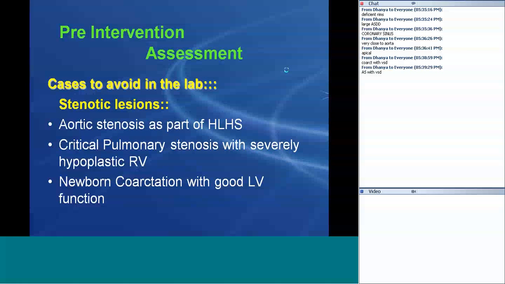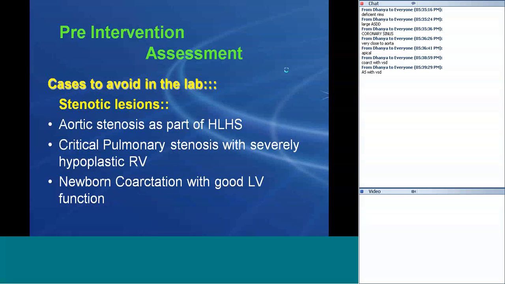Okay, some other cases to be avoided in the cath lab is aortic stenosis as a part of hypoplastic left heart syndrome. There is no point dilating these aortic valves because they don't give you any result. If the aortic annulus is really hypoplastic, there is no point dilating that. Critical pulmonary stenosis with a severely hypoplastic right ventricle is again a very difficult subset to dilate in the cath lab.